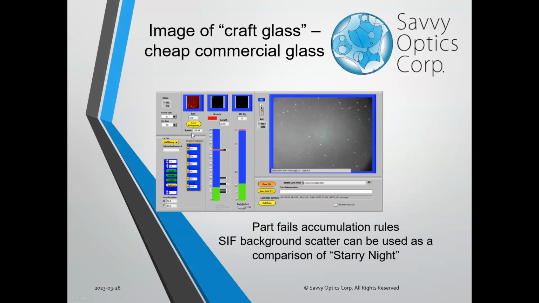In this location here, you can see the scatter at that point is 155 counts out of 254. So that's really bright. And so you can tell something about the texture or the polish quality of a part just by looking at its scatter. You can compare that to some of the earlier slides if you go back and look, and you'll see that on silicon carbide, scatter is in the 1 to 10 range, and in typical commercial glass it's more like 20 to 50, but it would never be 155. That's completely poor quality polish.